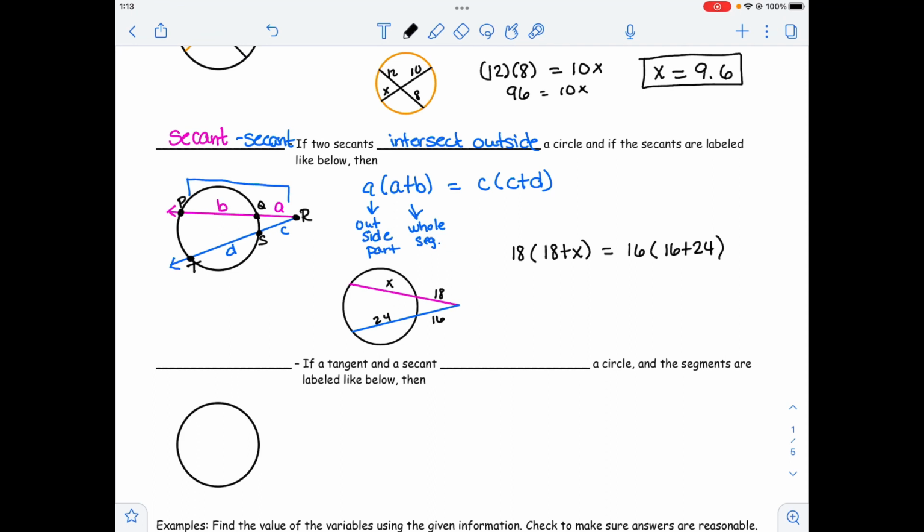Then we're going to have 324 when we distribute, plus 18x is equal to 640. And we move over the 324, and we're left with 18x equals 316. And then that means x is 158 over 9, which simplifies down to 17.5 roughly. So that would be your final answer.